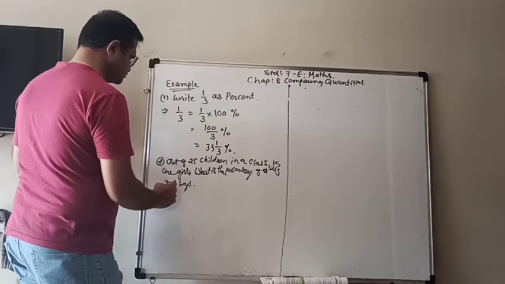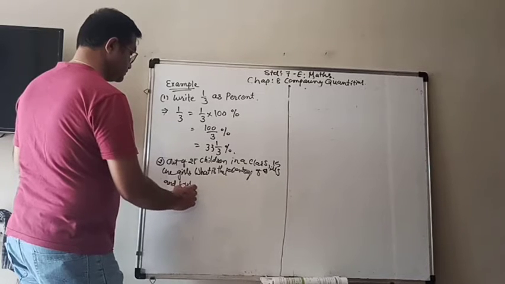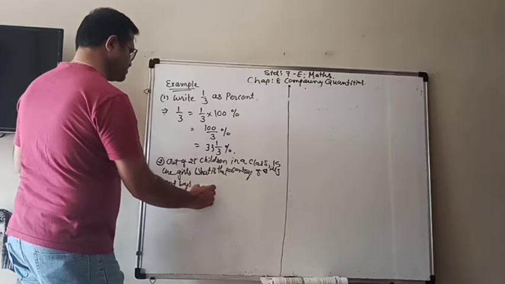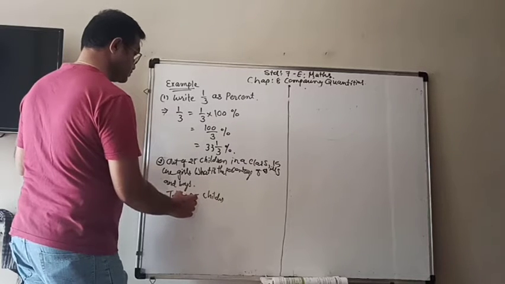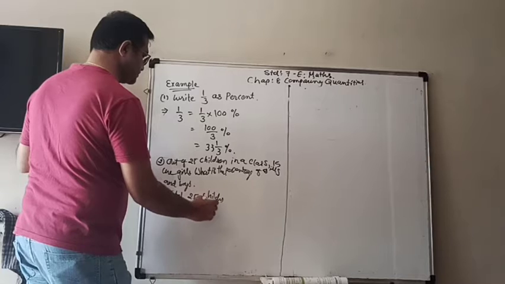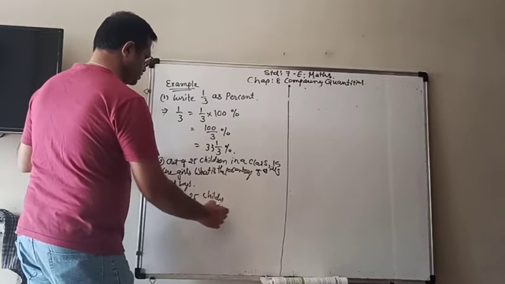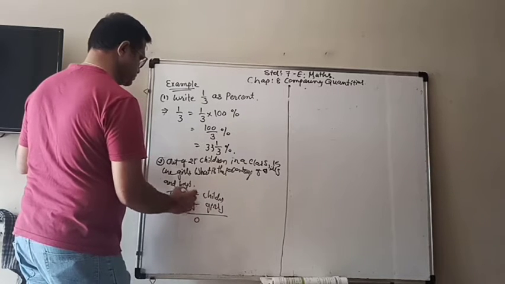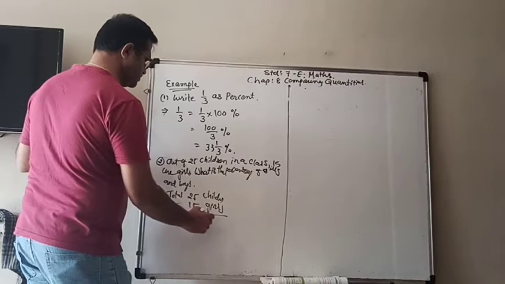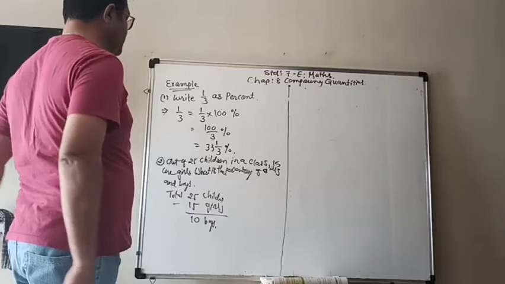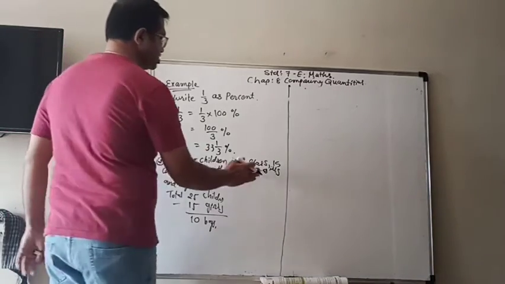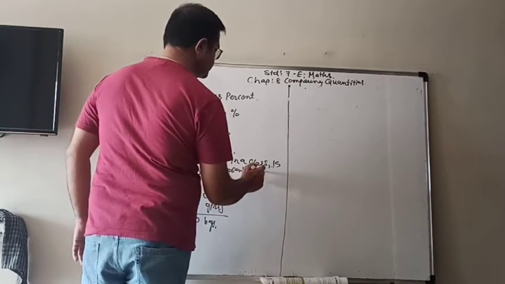So now, total 25 children minus 15 girls. So there are 10 boys. So now we will find the percentage of girls and the percentage of boys.